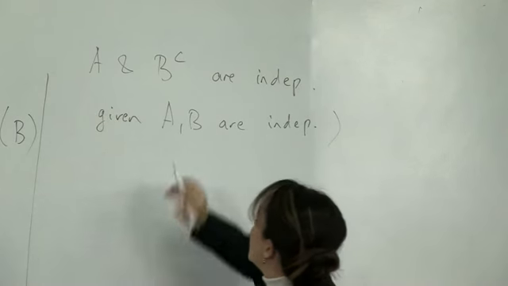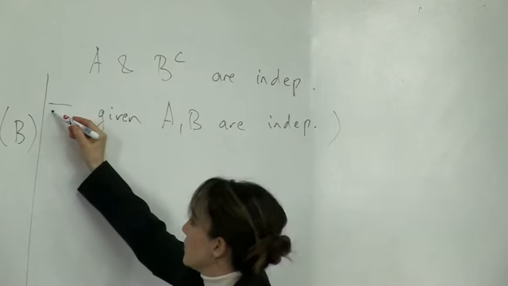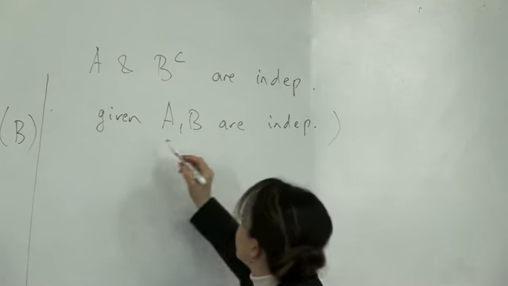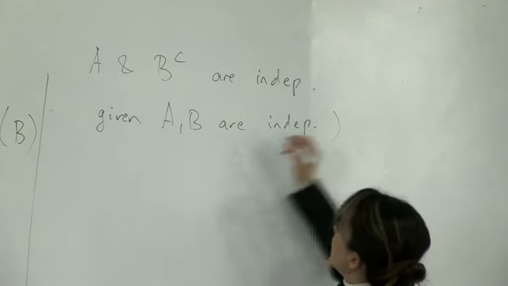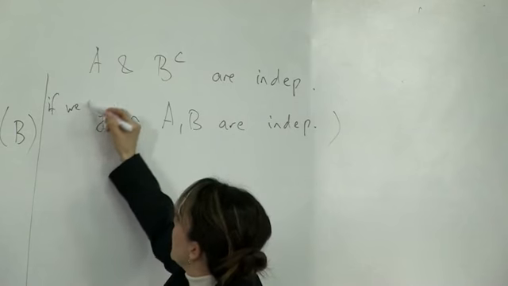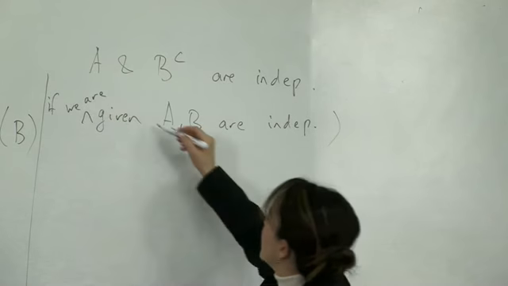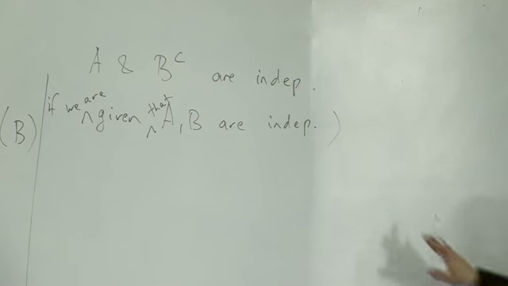We're asked to show that A and B complement are independent if we are given that A and B are independent.